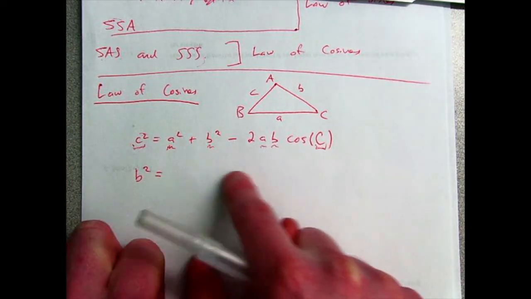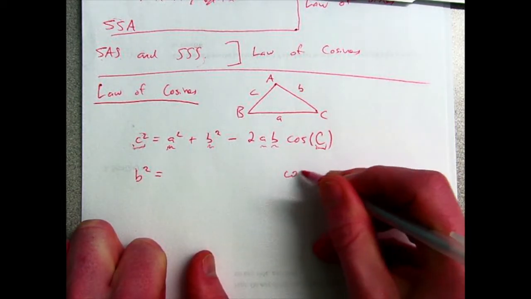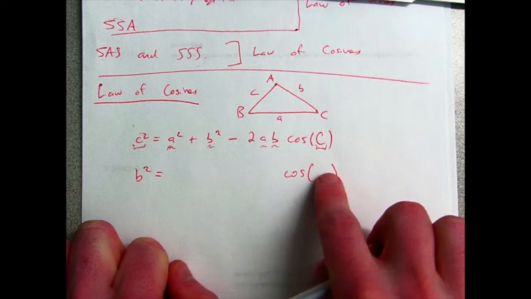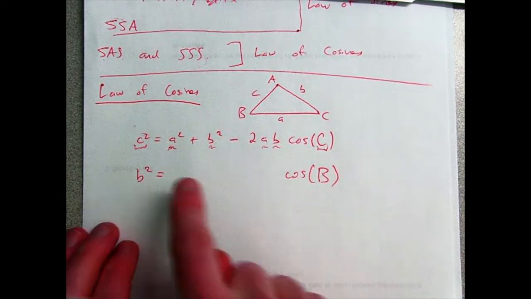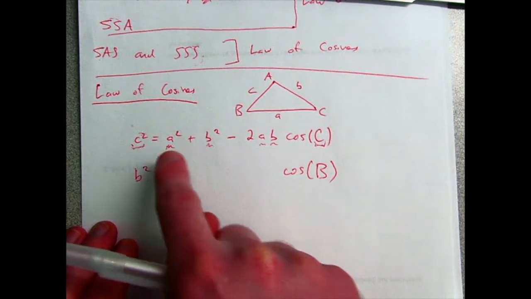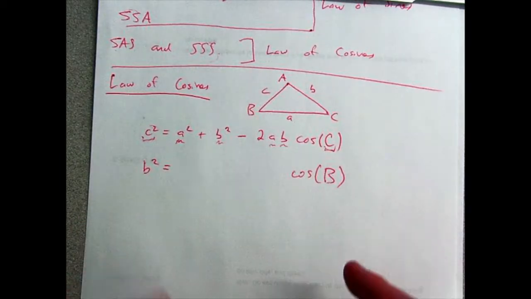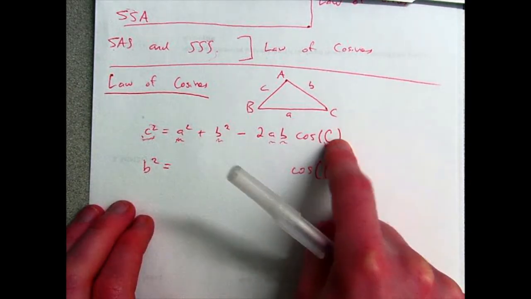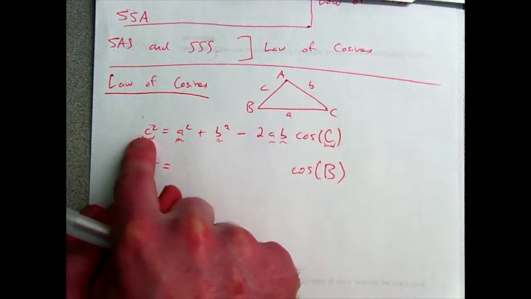So whatever's floating around in this part of the formula, I know that it's going to end with cosine of what? Well, what's the angle opposite of side b? It's angle B. And then what are the sides that will be floating around? It'll be some side squared plus some other side squared minus 2 times the product. What will the sides be? Just notice in the original equation, a and b are the sides other than this one.